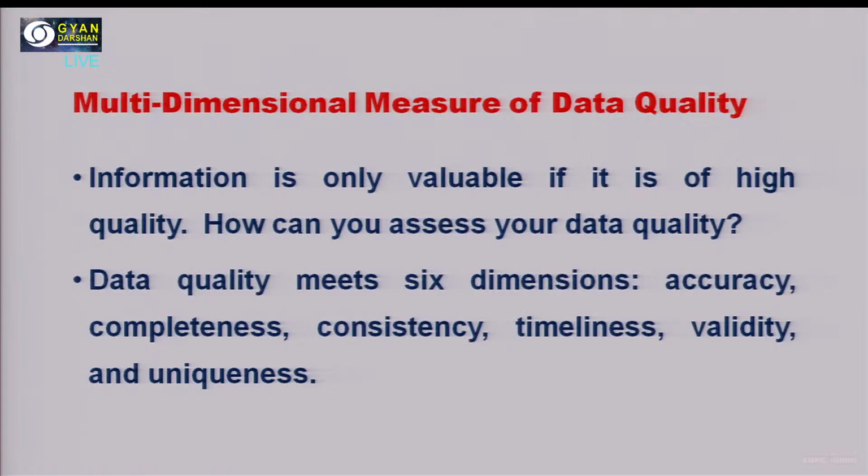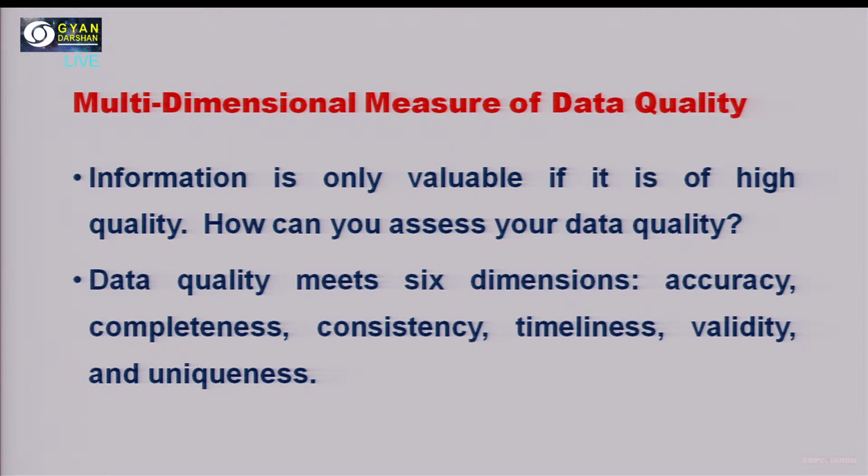Now, after understanding what noise is, what outliers are, what data preprocessing is, and why we need it, let's understand the different quality measures we have. Because information is only valuable if it is of high quality. So the question arises, how can you assess your data quality?